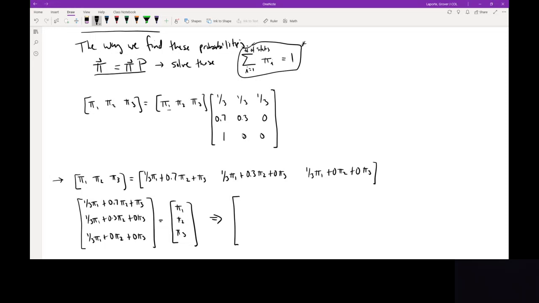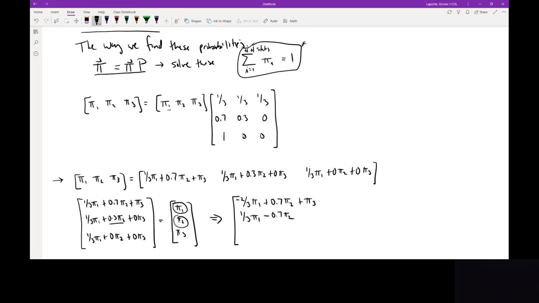So that'll be negative 2/3 pi 1 on the first row, and all the other stuff remains the same. Then 1/3 pi 1 minus 0.7 pi 2, because we took this one and subtracted it from this.